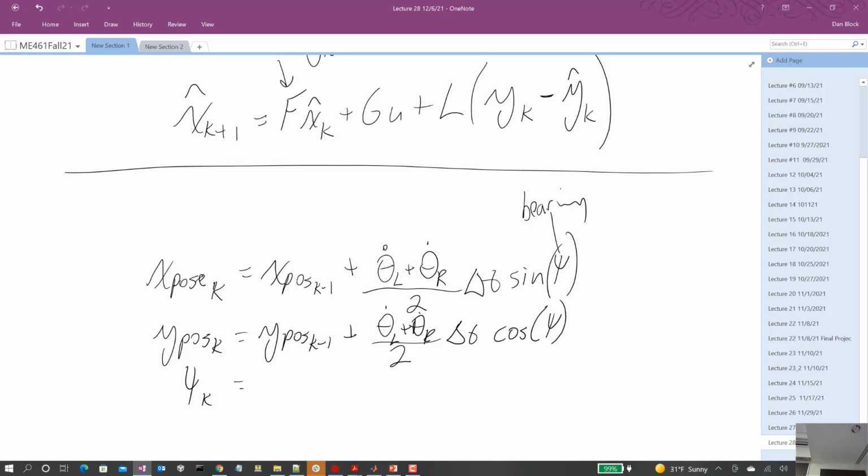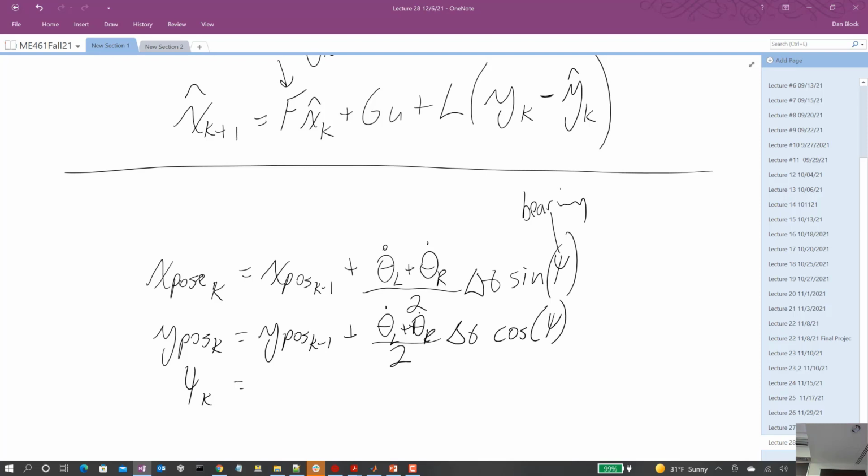Well, the idea is, given that we know where we're at, x, y, with this prediction, and now this new data that tells us, hey, I think we're at this x, y position, how do we fuse that data together? That is one of the uses of the Kalman filter, this sensor fusion.